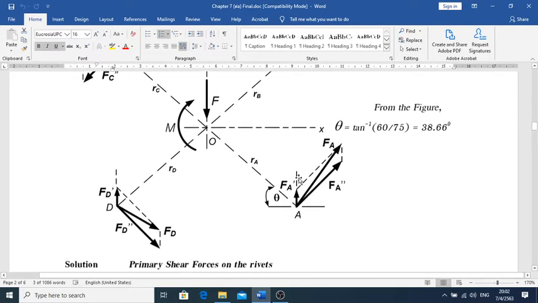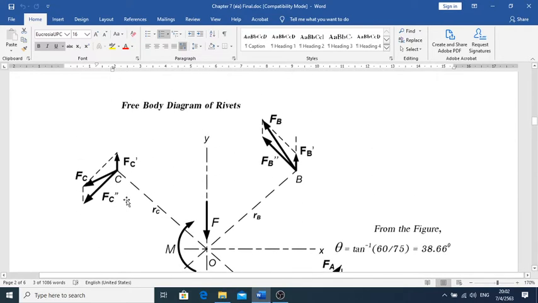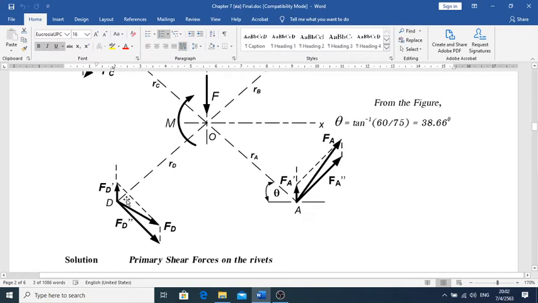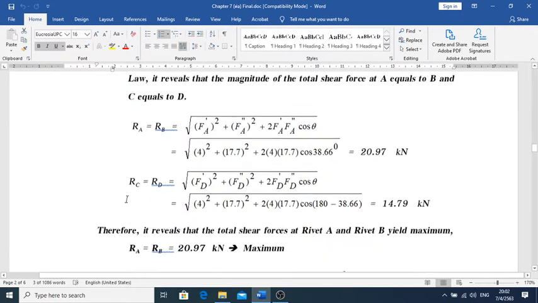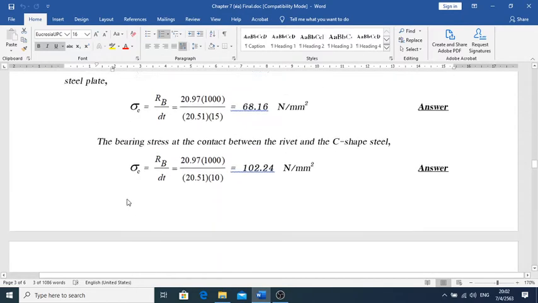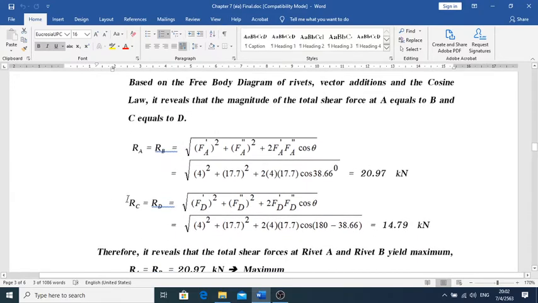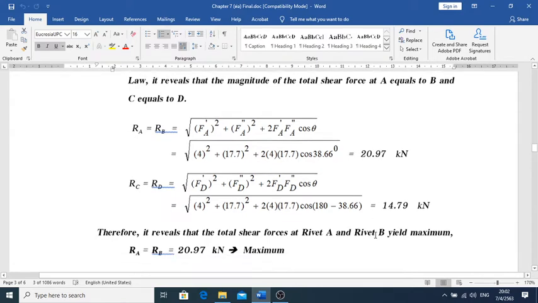So therefore, RA and RB are equal to each other. So we find the cos theta by trigonometry. We have RA equal to RB, 20 point something, and RC equal to RD is 14, right?